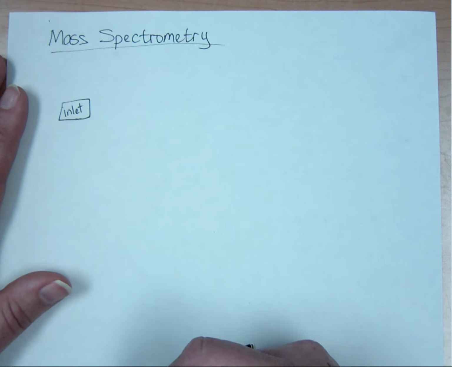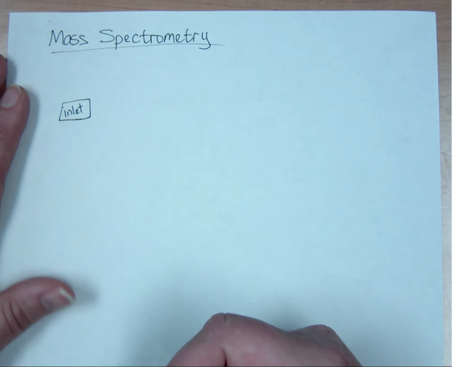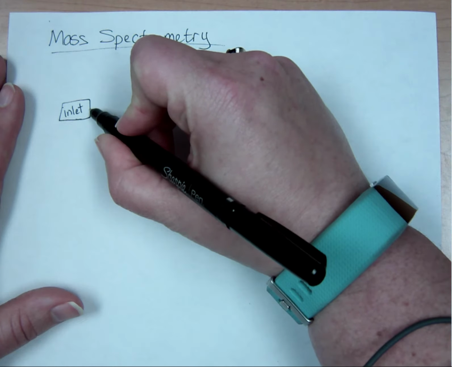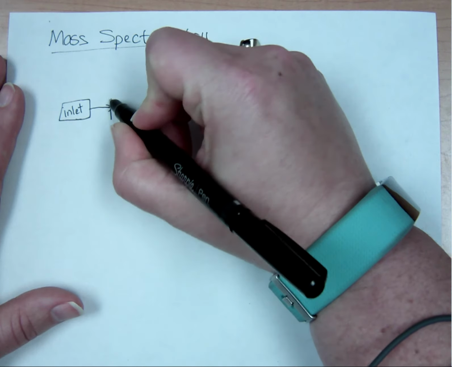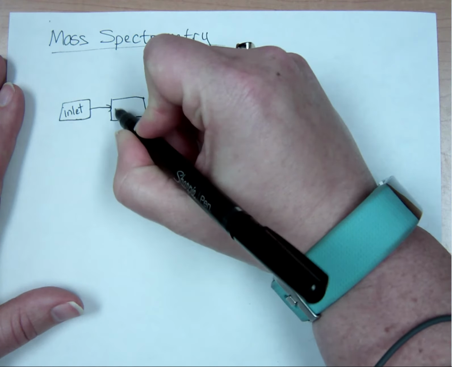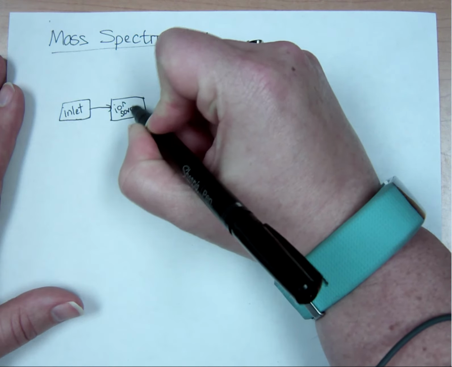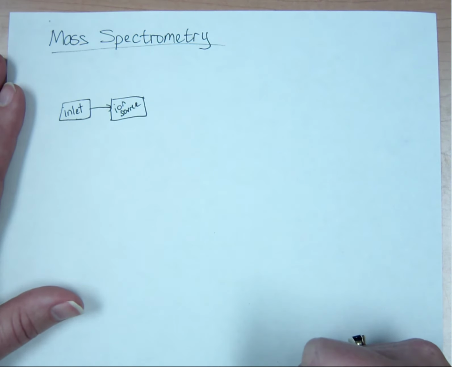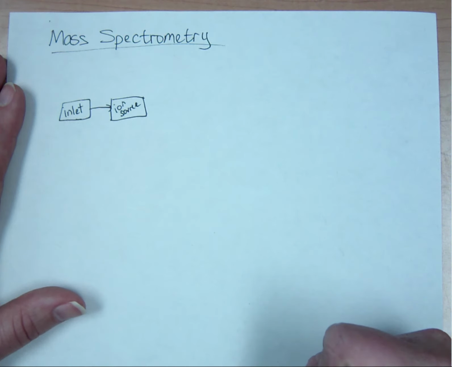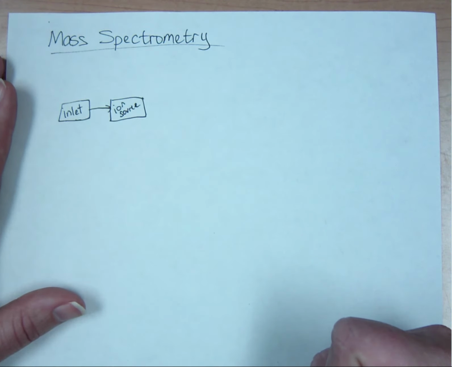We also need these to be charged, hence the mass to charge ratio that we're going to be looking at. And so from the inlet, we need to put these into an ion source that's going to ultimately ionize the sample.